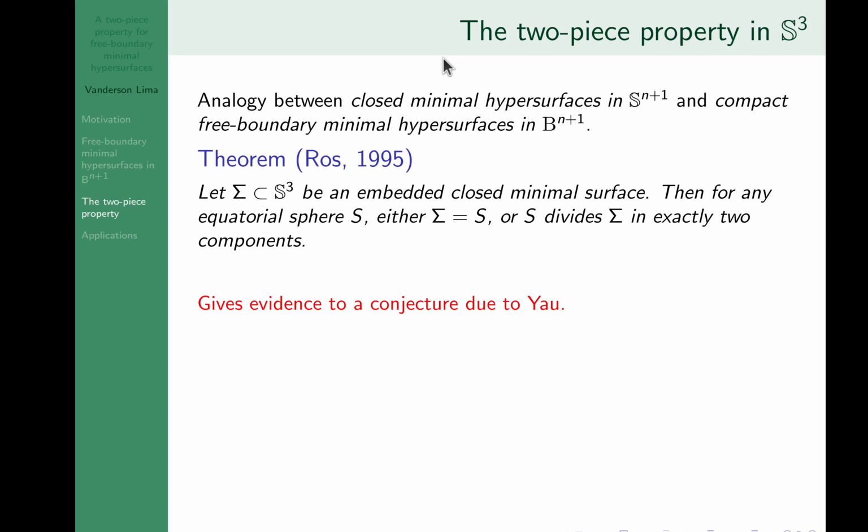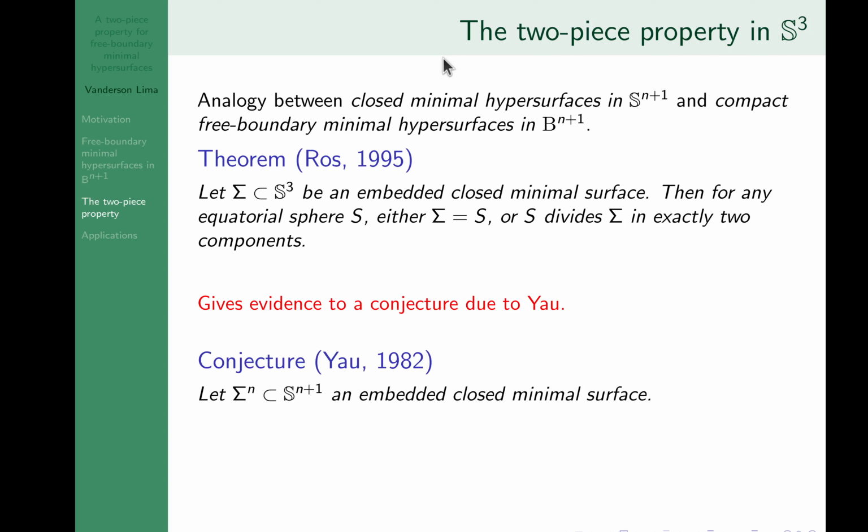This result is very beautiful, but also very important because it gives evidence for a conjecture of Yau. The conjecture is in all dimensions. Suppose I have an embedded closed minimal hypersurface Sigma in the round sphere of dimension n plus 1.